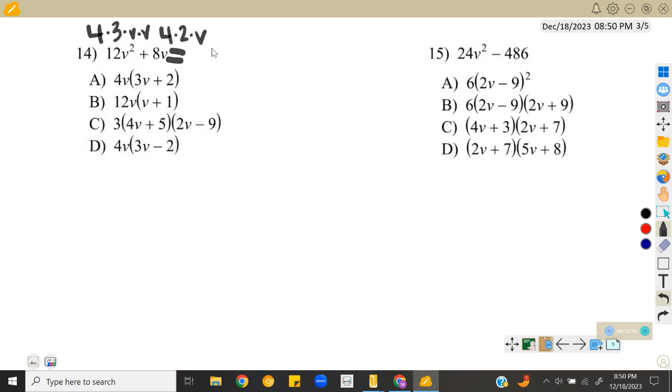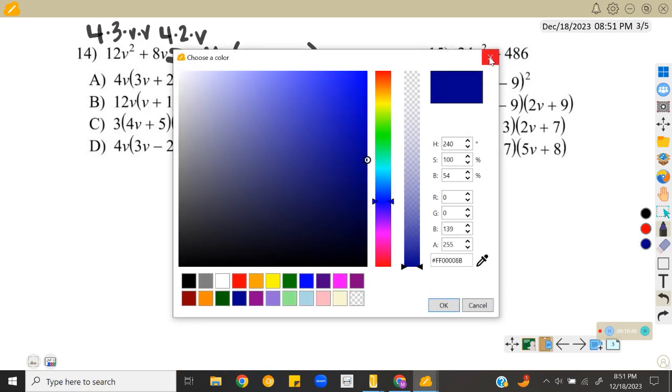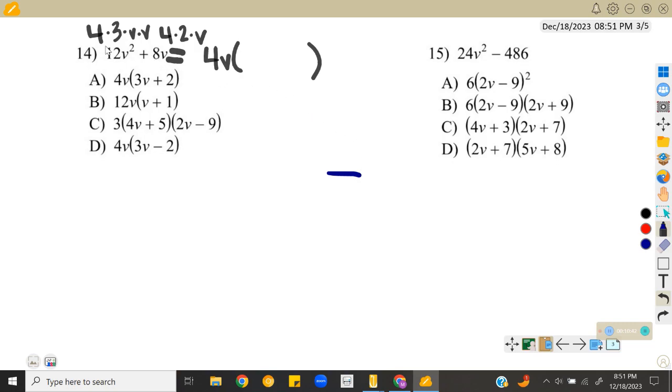So that means I could factor out a 4v from this expression, and what would stay inside is the other parts that we didn't factor out. I could use another color to represent this a little better. We see that I have 4 and a v in common here, and this has a 4 and a v. So what do they not have in common?